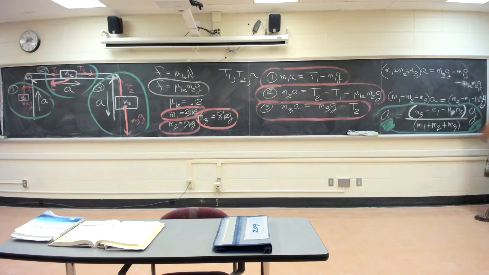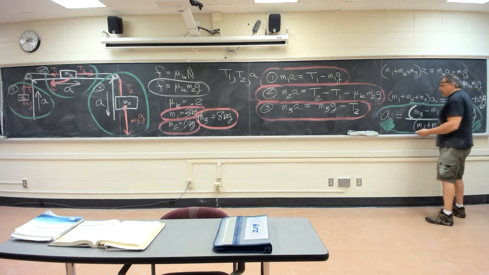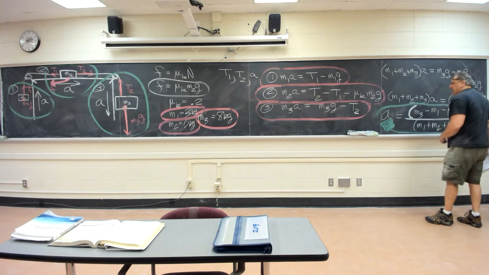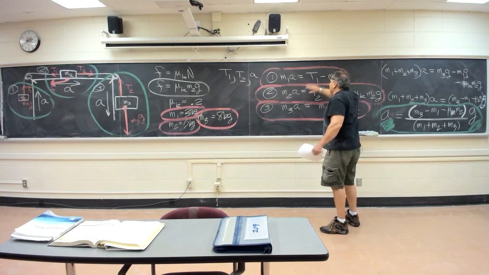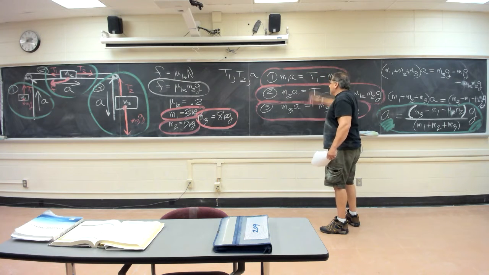You know what G is, 9.8 meters per second squared, and you're going to get A. When you do all that, you already have a value of A, you already know what G is, you know what M1 is, so solve for T1.